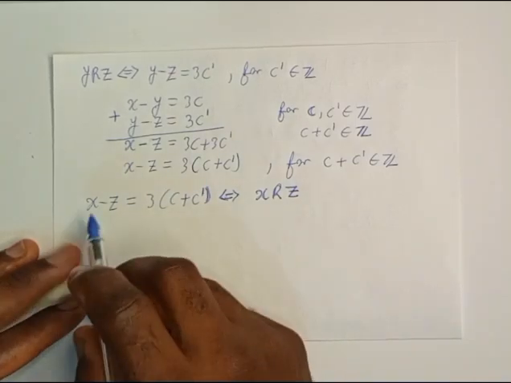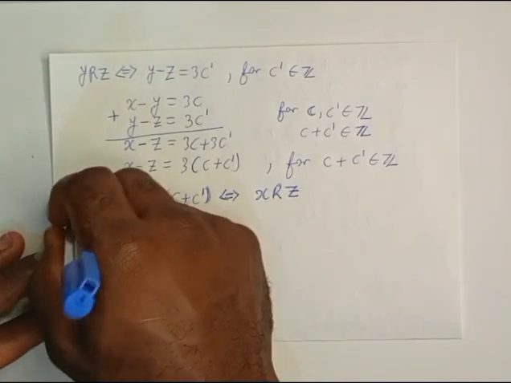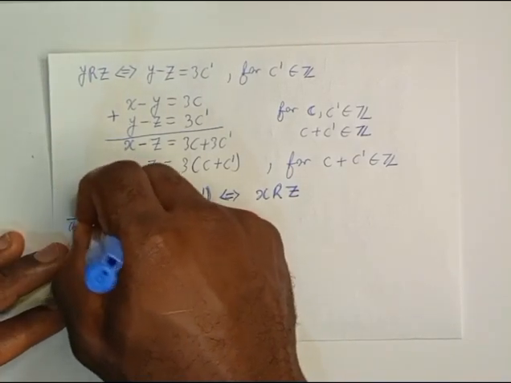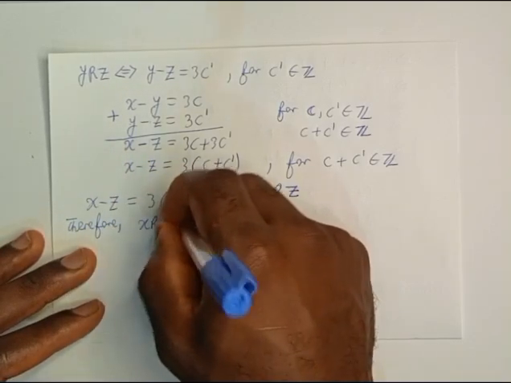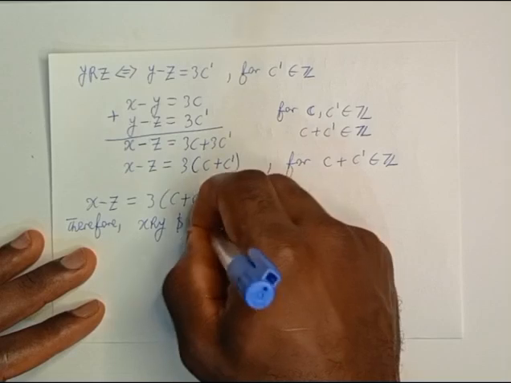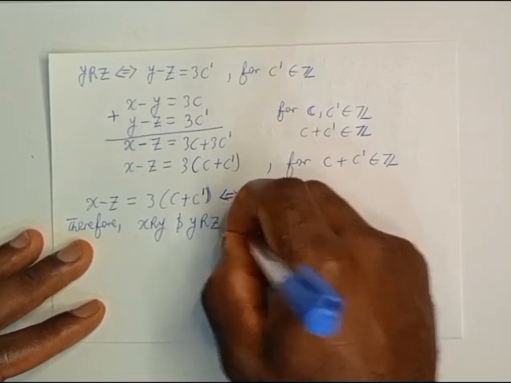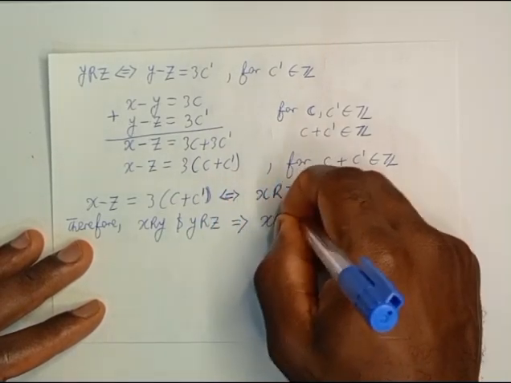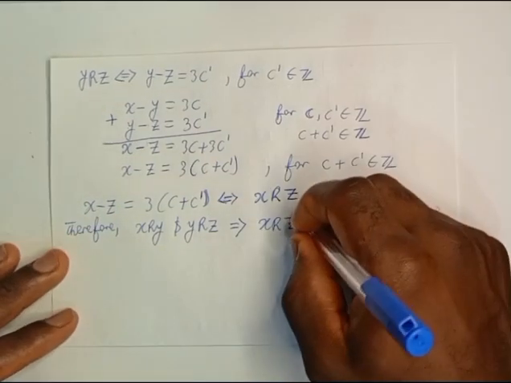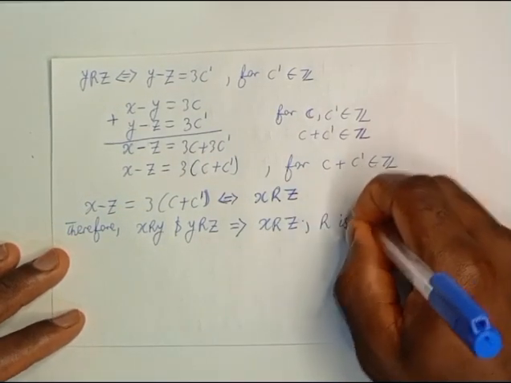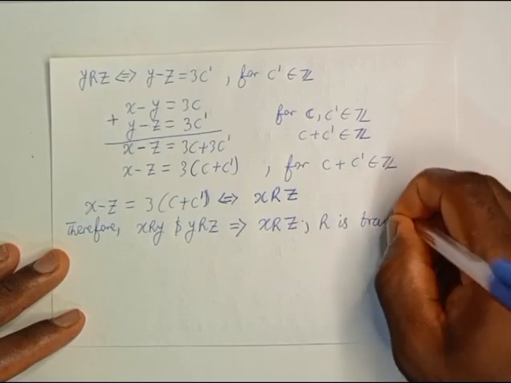Now we can conclude, therefore, x related to y and y related to z, then x is related to z. It simply means R is transitive.